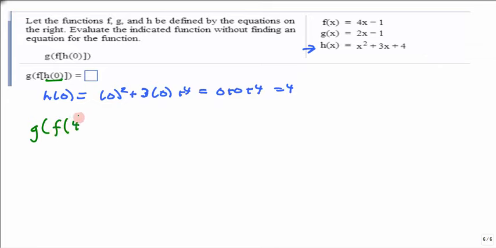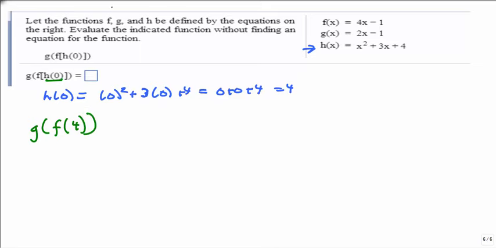So I'd have 0 squared plus 3 times 0 plus 4, because I plug this in for h. When I get my solution here, I have 0 plus 0 plus 4. So I get h of 0 equals 4. Okay, so this piece right here is equal to 4. So I have g of f, and h of 0 was 4.